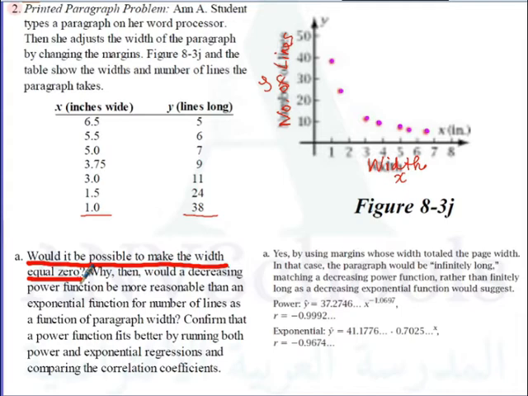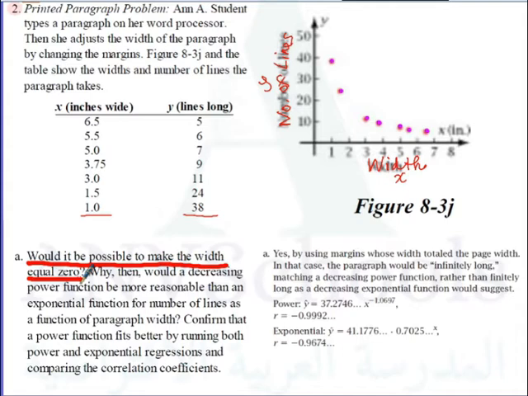In that case, the paragraph would be infinitely long. As in the notepad, sometimes when you don't have any margin, the lines just run. So the paragraph would be infinitely long, matching a decreasing power function rather than finitely long, such as a decreasing exponential function would suggest.